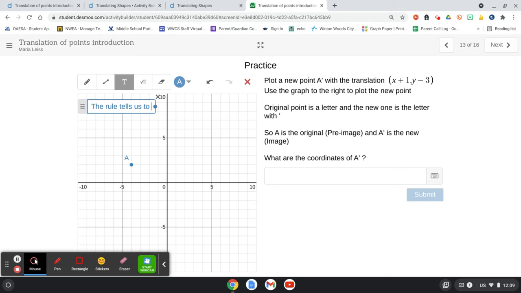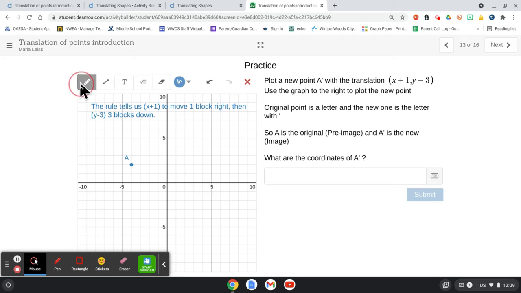So that rule is telling us x plus 1 to move 1 block right. Then y minus 3 means 3 blocks down, because it's a minus 3.